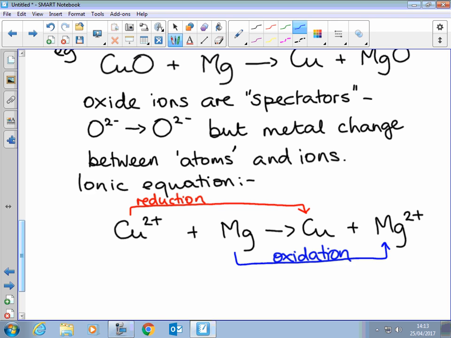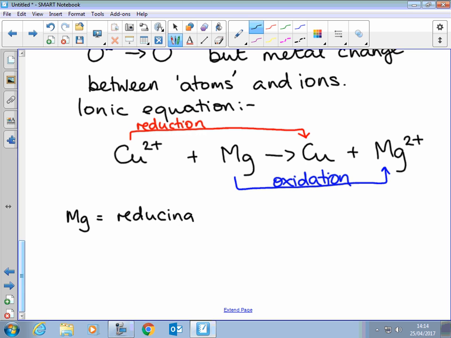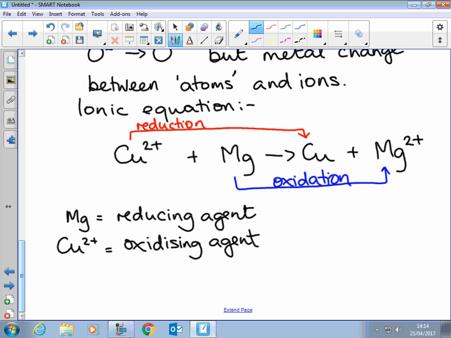Okay, that's probably just worth adding on the bottom. I try not to introduce those too much because of the confusion it causes. So, magnesium is the reducing agent. It reduces the copper ions, but the copper ions are an oxidizing agent because they oxidize the magnesium. All right, I can confuse myself very easily with that.